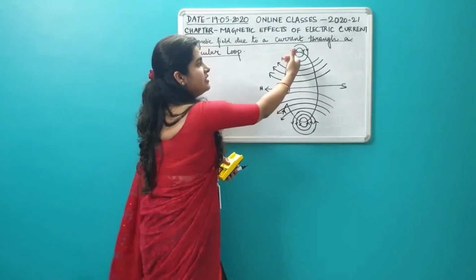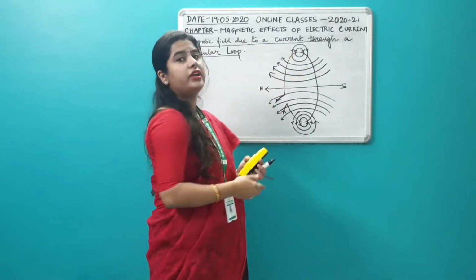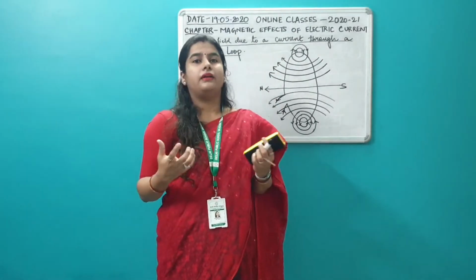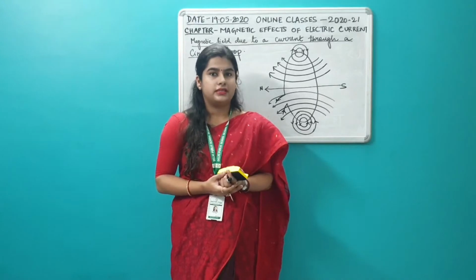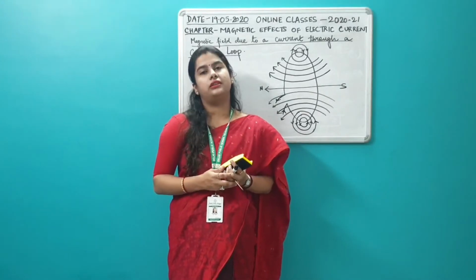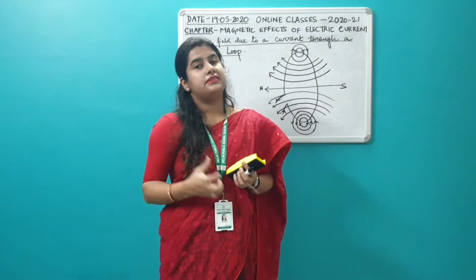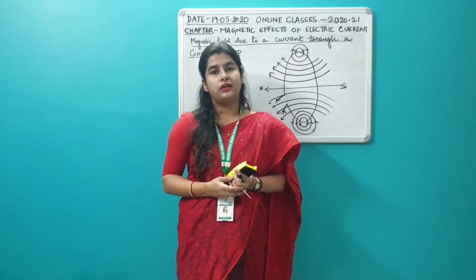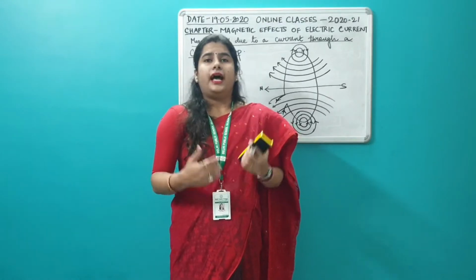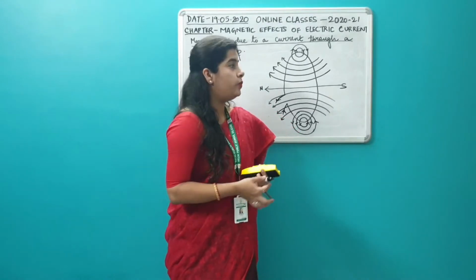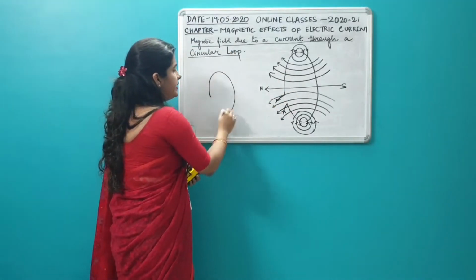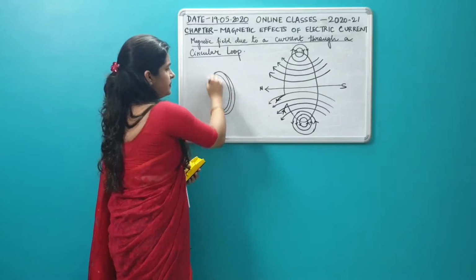So in this case, if the magnetic field lines are moving away from each other, what happens? We know that the magnetism also decreases, isn't it? If the magnetic field lines are closer to each other, the magnetic effect, the magnetism is much stronger at those points.